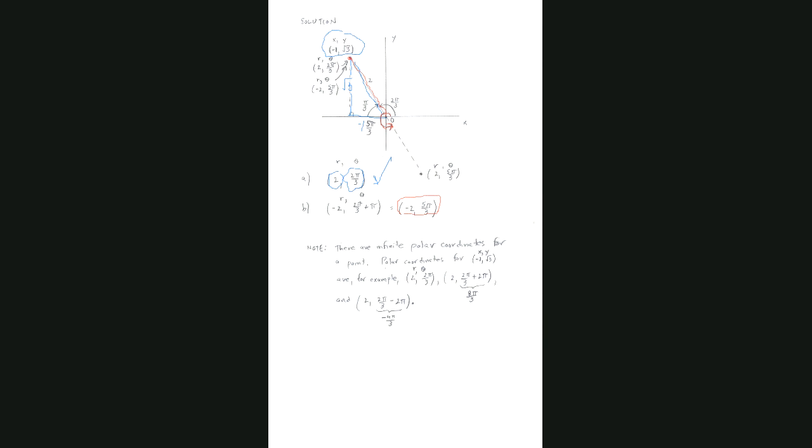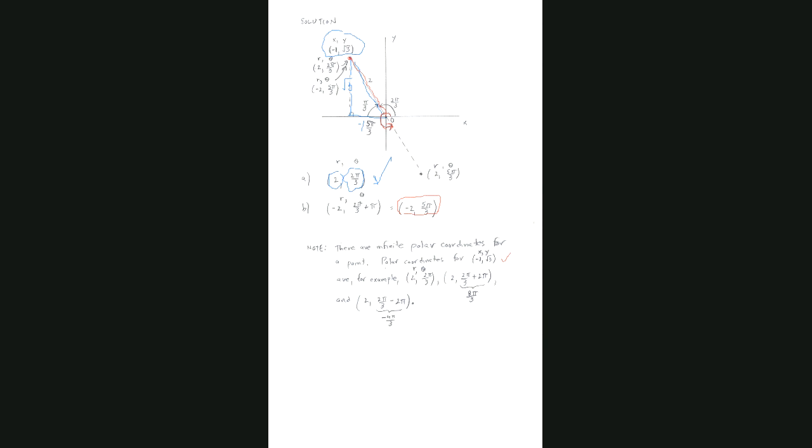And that's it. So a little note here. There are infinite polar coordinates for a point. Polar coordinates for the Cartesian coordinate (-1, √3) are, for example, for part A, you have the polar coordinate (2, 2 pi over 3). Since they're restricting theta to be between 0 and 2 pi, your only answer here would be 2 pi over 3.